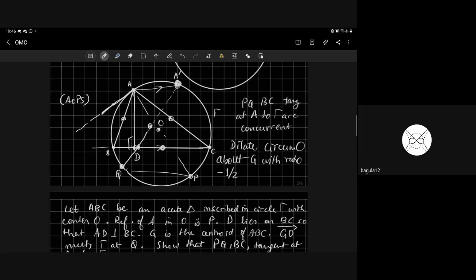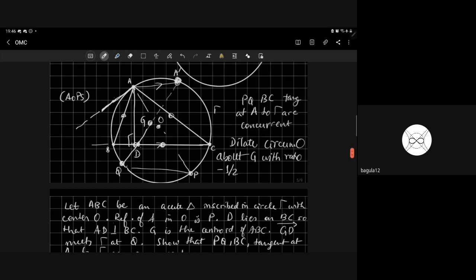In general, when there's a foot of perpendicular and centroid, you kind of automatically construct this point A prime. So just think of it like homotheity at G and ratio -half, taking the circumcircle to the 9-point circle. Agreed?